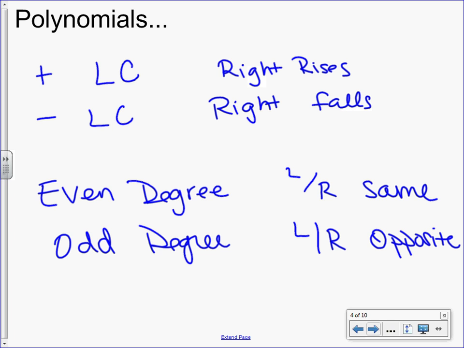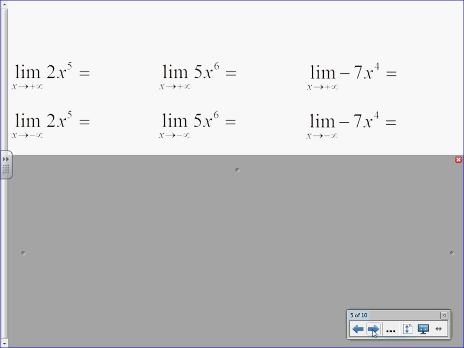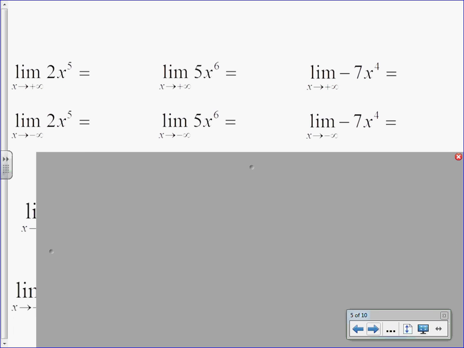It's okay to do that now. Here we go. The limit as x approaches infinity of 2x to the fifth, and then the limit as x approaches negative infinity of 2x to the fifth.